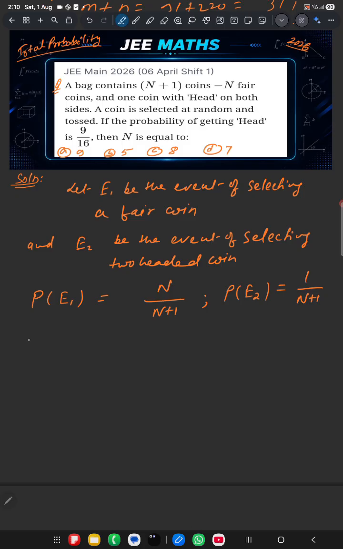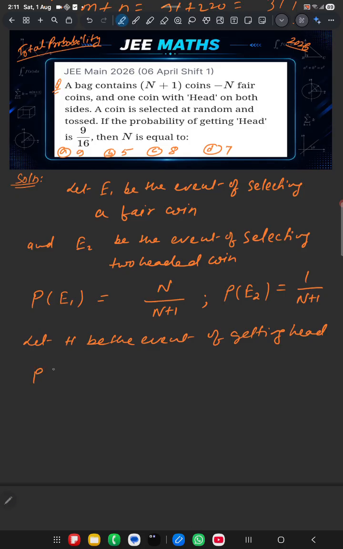Also let H be the event of getting head. Means you have selected a coin, tossed it, and you are getting a head. That event we name H.